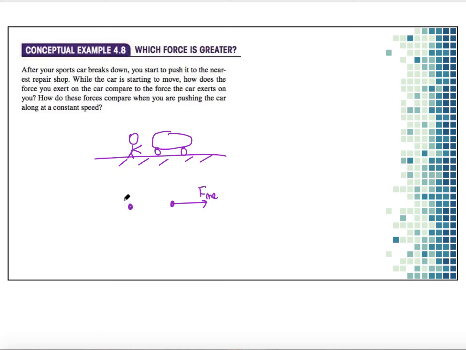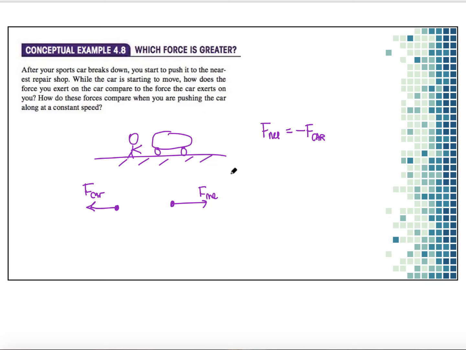And then there is me over here on the left with a force from the car. And these are going to be the same size force, just in opposite directions. So the force of me on the car is equal to negative the force of the car on me. How then does the car start moving if these forces are equal and opposite?